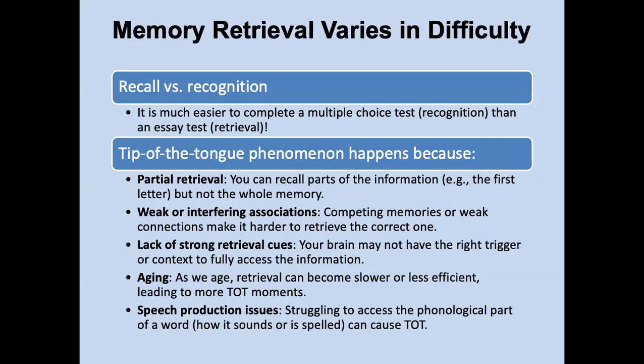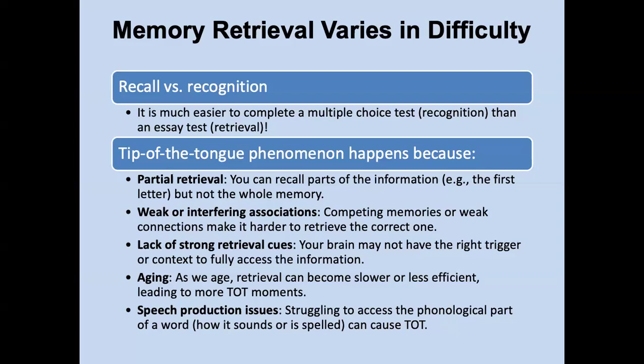The tip of the tongue phenomenon, I don't think I need to explain what that is. I think it is self-explanatory, but it happens because you can only recall little parts of it. So there's some sort of dysfunction in how you are retrieving the memory, or there's the association. So you remember the map that we just looked at with the little bubbles that connected to each other.